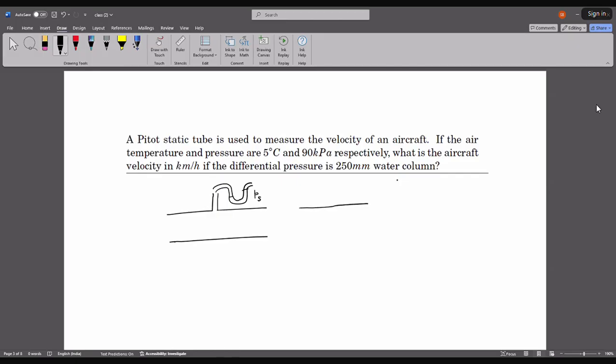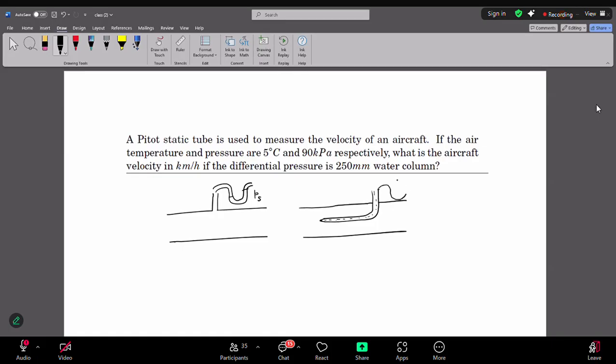Now, if you have a tube and you insert a pitot tube, typically it is pointed, there is a small hole through which the manometer liquid is placed here, and so this pressure will be the stagnation pressure.